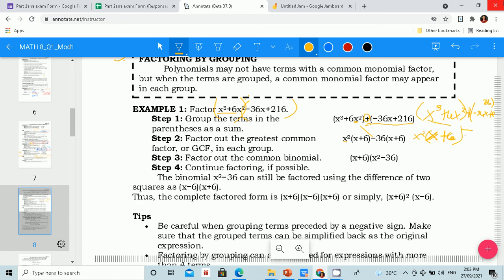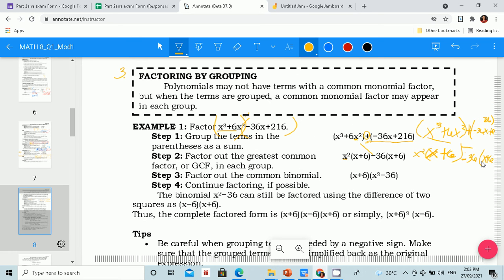Is 216 divisible by 36? Yes, that is 6. So we factor out negative 36, since it is negative. We have negative 36 times x plus 6, because 36 times 6 is 216. Okay, so our factor is x squared times x plus 6 minus 36 times x plus 6.